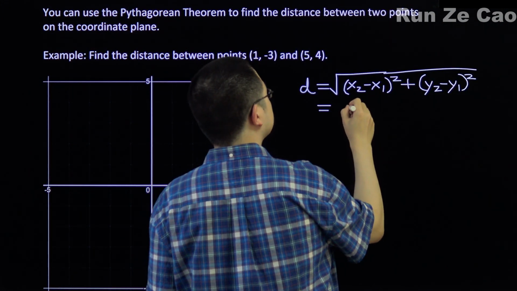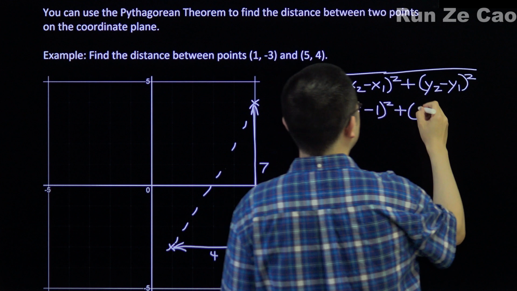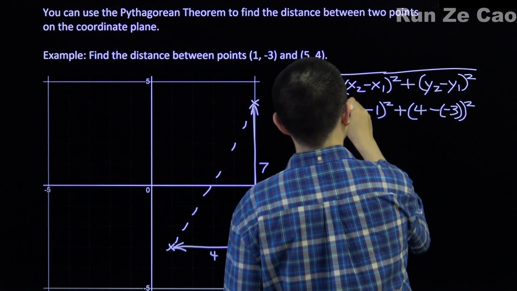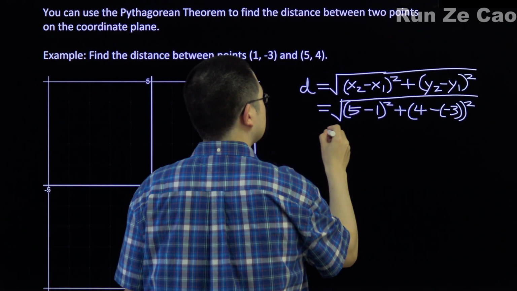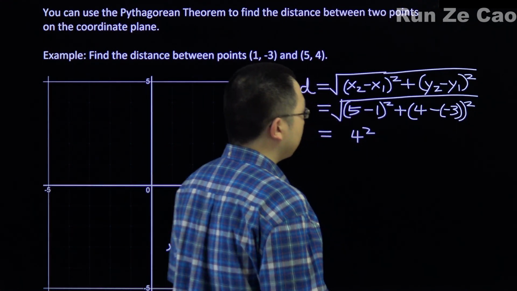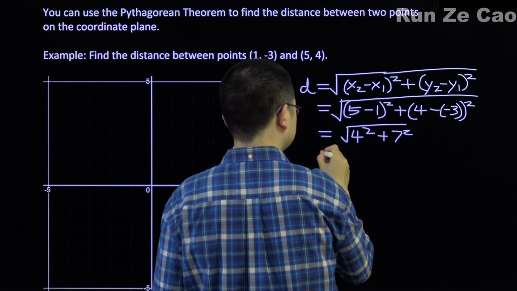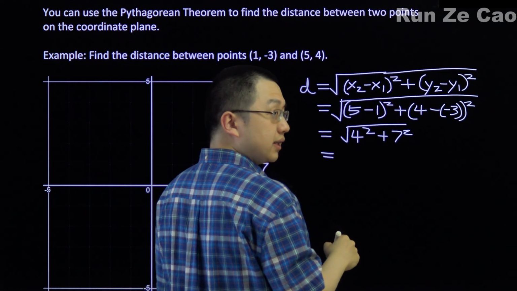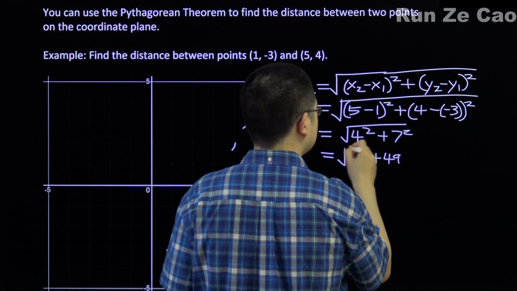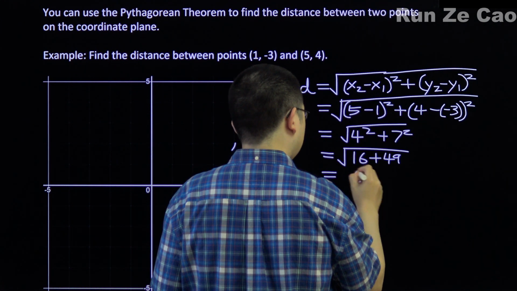So that would be 5 minus 1 squared plus 4 minus -3 squared. So you're dealing with 4 squared plus 4 plus 3, so 7 squared. Which means root of 16 plus 49. So that is root of 65.